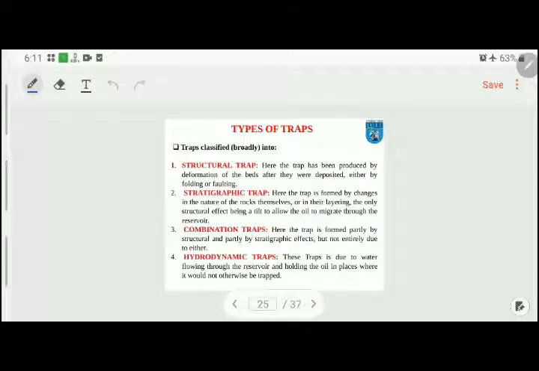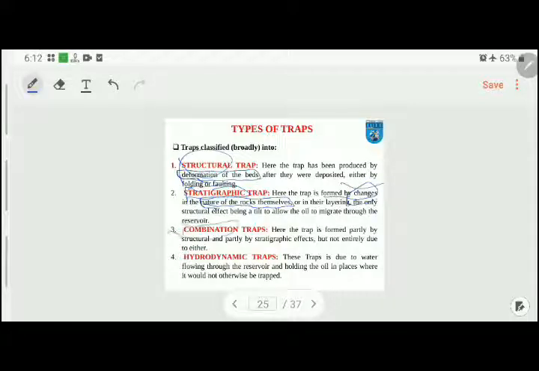Types of traps: we have the structural traps. Here the traps can be produced by the deformation of beds. This is what distinguishes them, that deformation of beds happened. It can be by either folding or faulting. Also we have something called the stratigraphic traps, and these traps are formed by a change in the nature of the rocks themselves. This is what distinguishes this type.